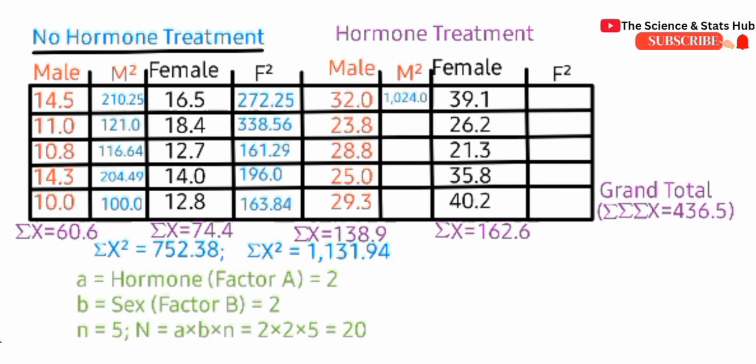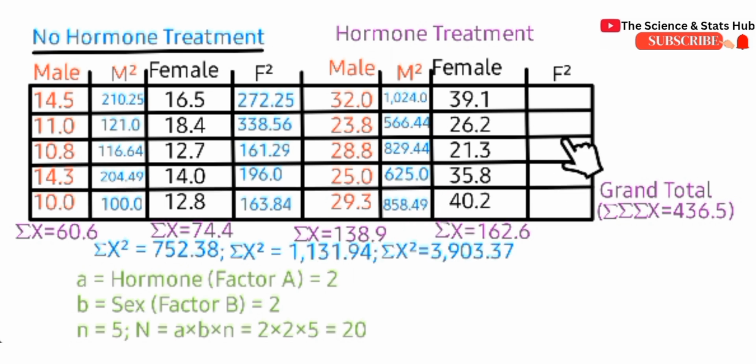Now let's get the square of these values: 32 squared, 23.8 squared, 28.8 squared, 25 squared, lastly 29.3 squared. Let's add these values together: 1024.0 plus the other values. Let's get the square of these values: 39.1 squared, 26.2 squared, 21.3 squared, 35.8 squared, lastly 40.2 squared.